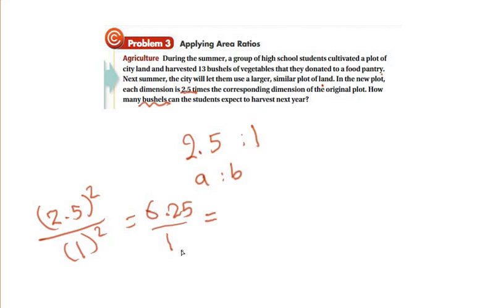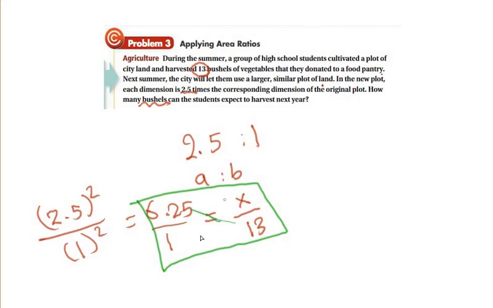Then 6.25 over 1 equals the new number x over 13, the previous number of bushels. Cross multiplication. 6.25 times 13 equals x times 1. Then x is equal to 81 bushels.